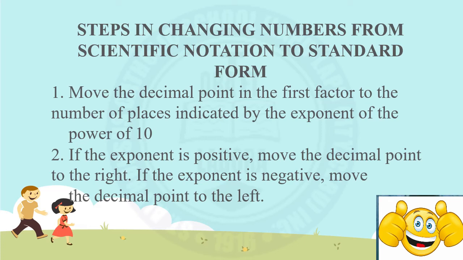Don't forget that. Again, if the exponent is positive, you will move the decimal point to the right. If the exponent is negative, move the decimal point to the left. Yes, exactly.